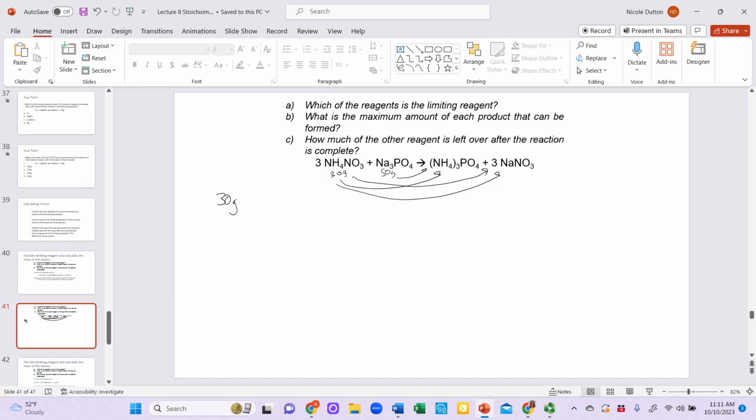30 grams of NH4NO3. So grams of NH4NO3, we put grams of that on the bottom. So then we're converting to moles because we have to get to that mole to mole ratio.